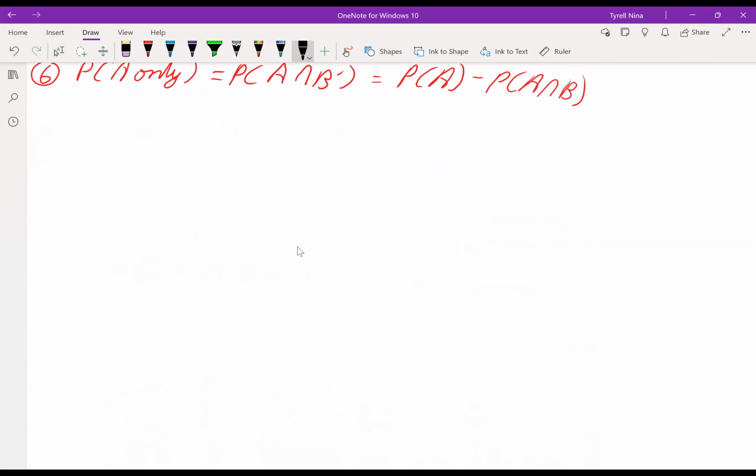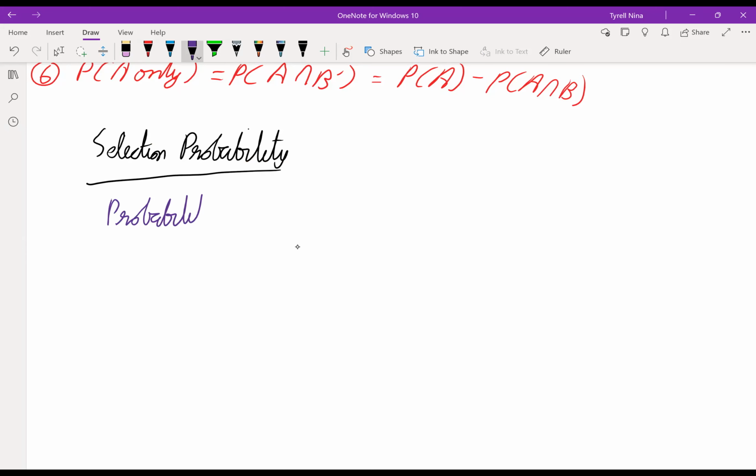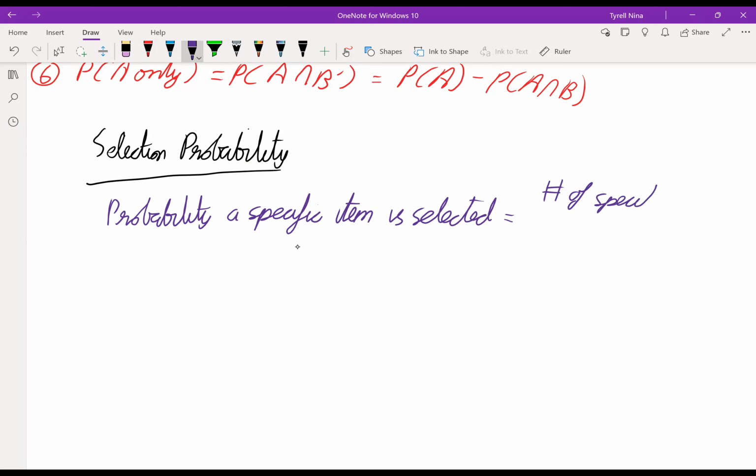Let's look at selection probability. The probability a specific item is selected is equal to the number of specific items over the total number of items.